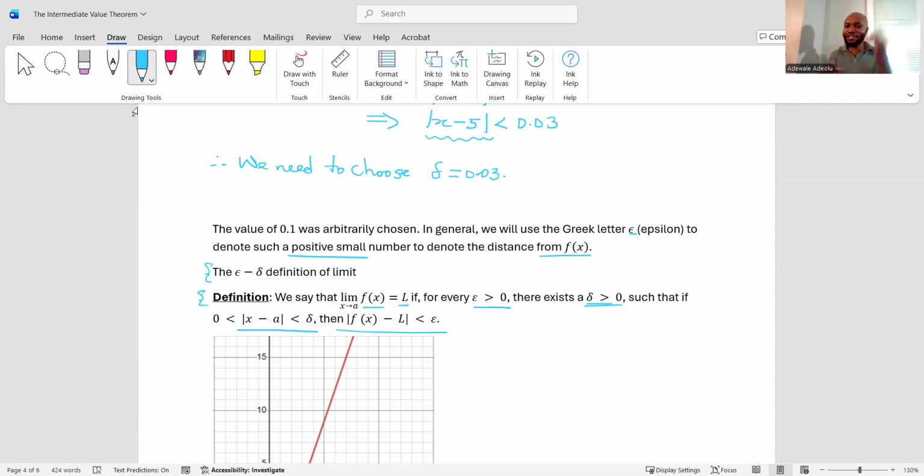You can see epsilon as y value, delta as x value. Simple as that. Epsilon as y value, delta as x value.